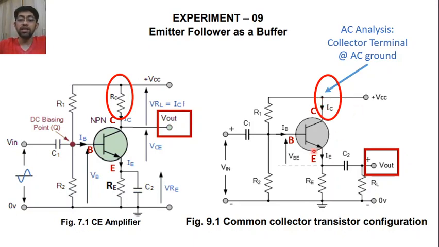We are applying input between base and ground, and since the collector is ground, we are applying input between base and collector, and taking the output from emitter and collector. So here collector is common between input and output. In that sense, this configuration is called common collector configuration.